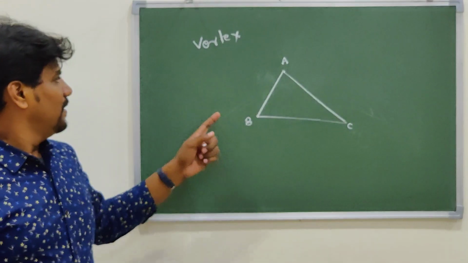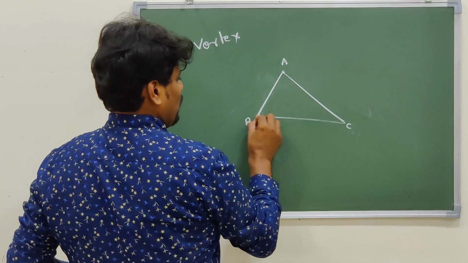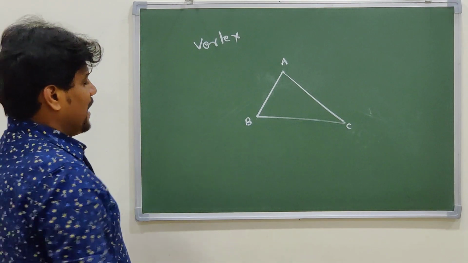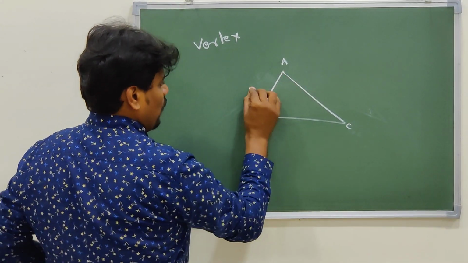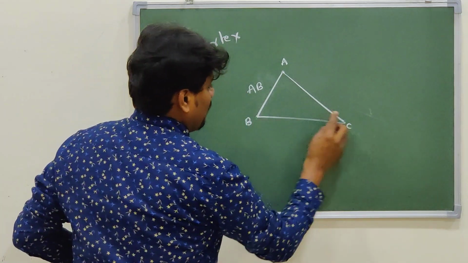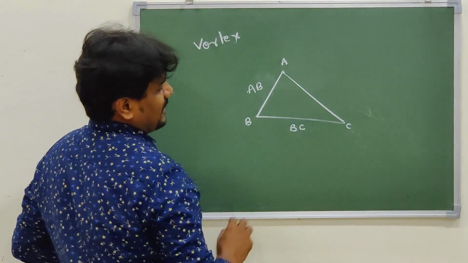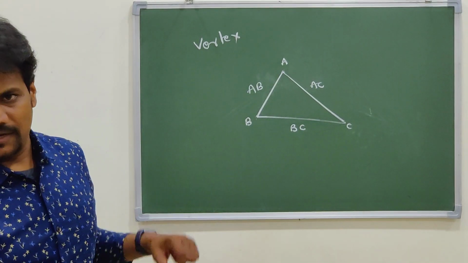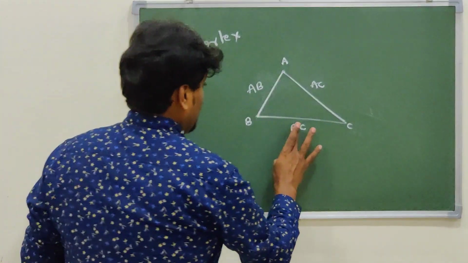And these are called the sides of the triangle. Now, this side will be called as side AB. This will be called as side BC. And this will be called as side AC. We all know that. Okay?